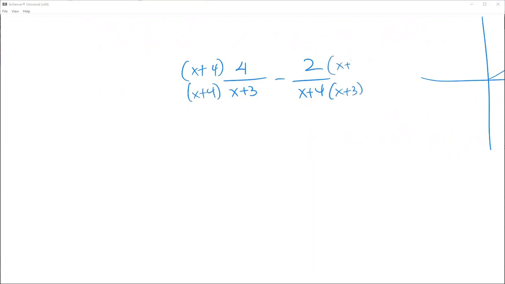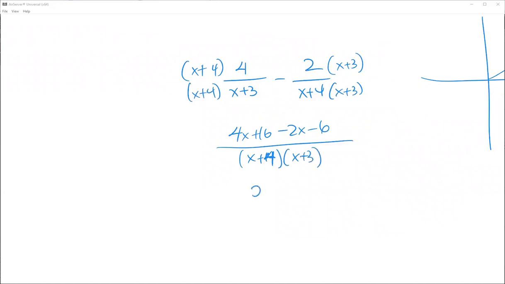So this is 4x plus 16 minus 2x minus 6 all over x plus 4, and then x plus 3. Combine like terms, so it'll be 2x plus 10 all over x plus 4, x plus 3. Okay, so that's all I wanted you guys to do.